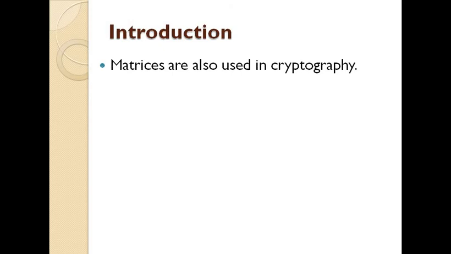Next, matrices are used in cryptography. Now what is cryptography? Cryptography means encoding a particular message so that whenever it is sent to the destination, nobody in between can interpret that particular message.